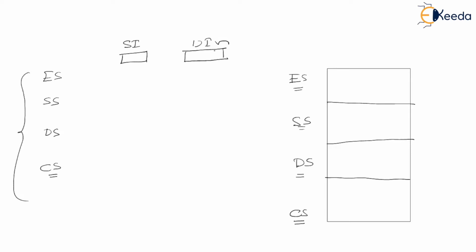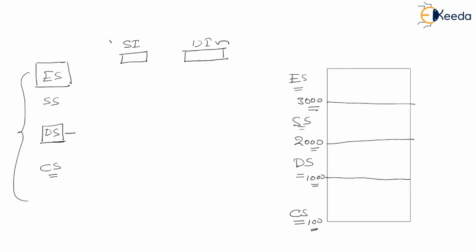The source string will always be available in the data segment. The destination string, which is the second string, will always be available in the extra segment. The segment registers hold the base addresses. Let us say the code segment starts from 100, this one from 1000, this from 2000, and this from 3000. These are the starting addresses, the base addresses.